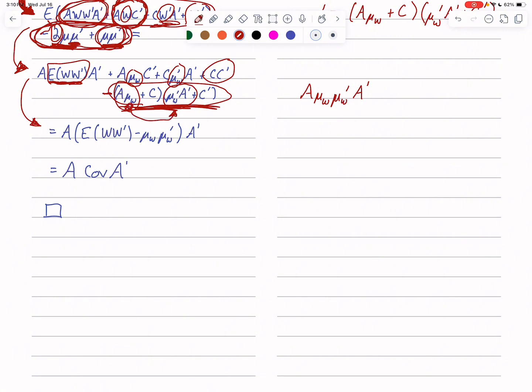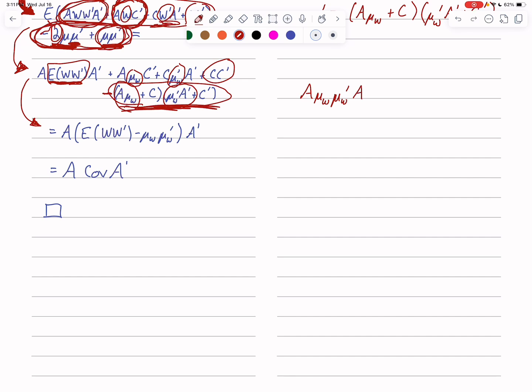But you don't see it in the next line. Why? Because I'm taking these terms and putting them together. They both have the matrix A on the left, so I'm going to move that matrix A outside of both of them, basically factoring out that matrix. And so what's left over is the E[WW prime] from that term, and the mu_W mu_W prime from that term, with the A factored out on the left, and of course also with the A prime factored out on the right. So that's where that term went.